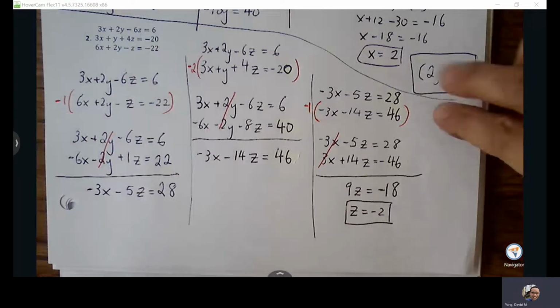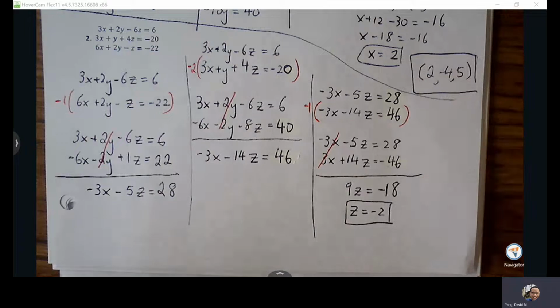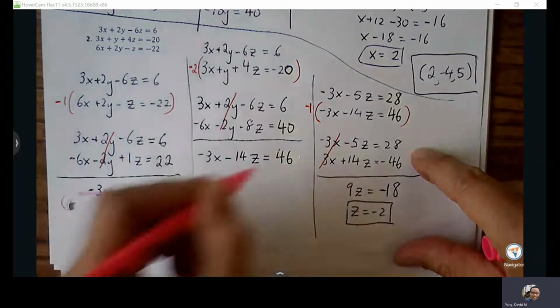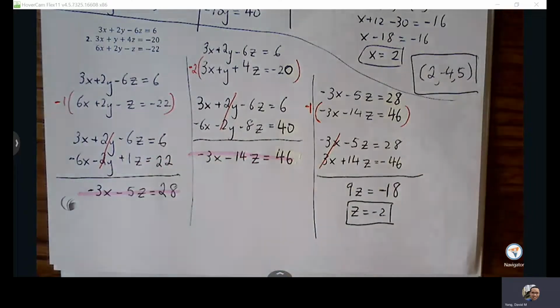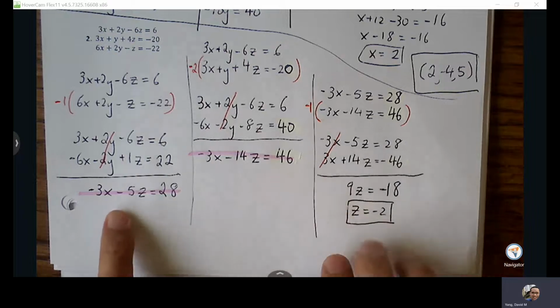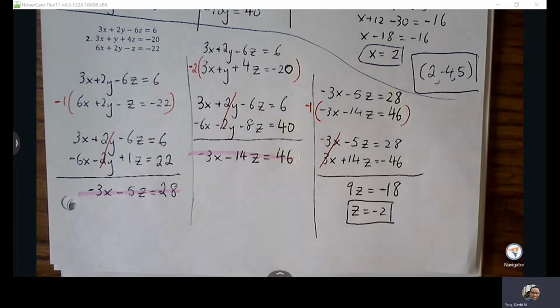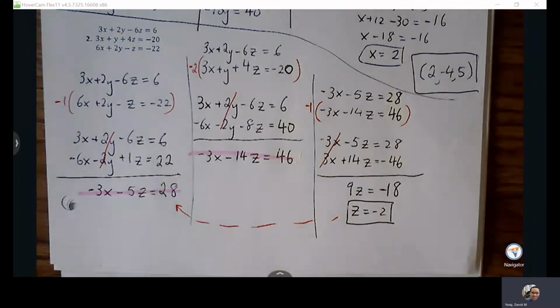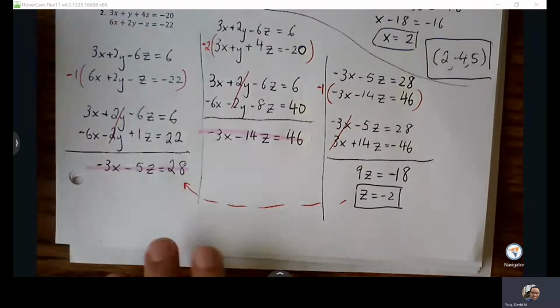So I'm just left with x's and z's. And then once I'm down to x's and z's, I'm able to get it down to -2. And now I'm going to rely on my intermediate equations to help me find my second variable. I'm going to try to get to x first, because that's what I can do. Either one's fine. I'll choose this one. These numbers look smaller.